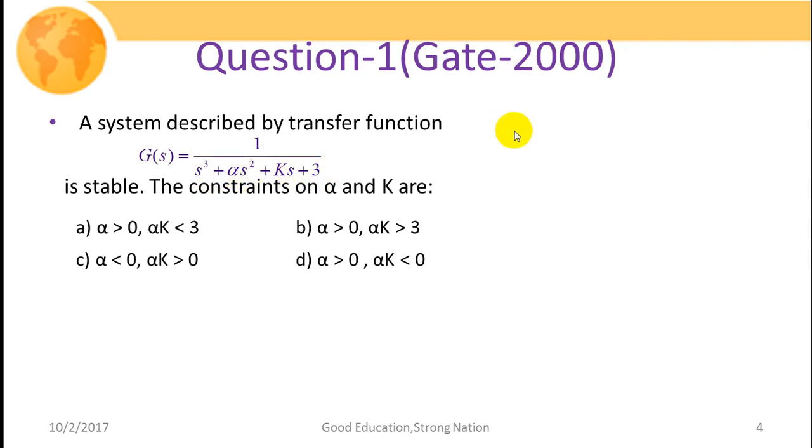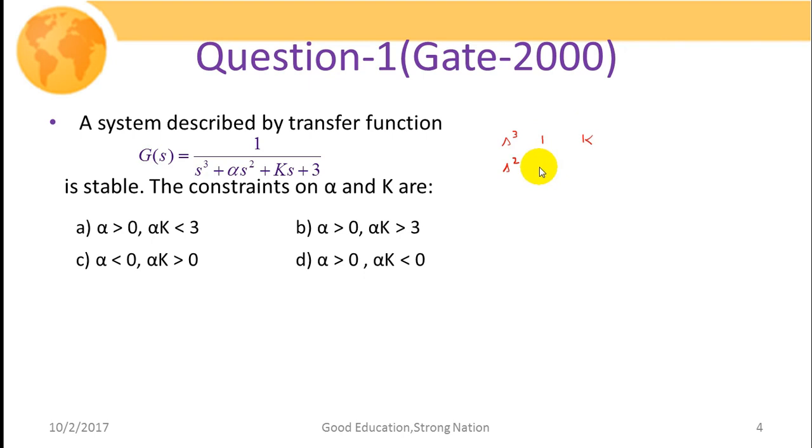So the Routh table for the given polynomial will be given as s cube and s square. We write down the coefficients: for s cube it is 1, then after skipping the next coefficient we have k.